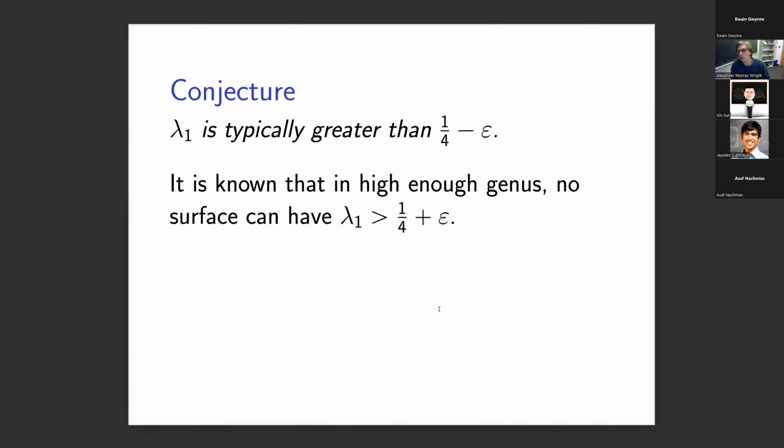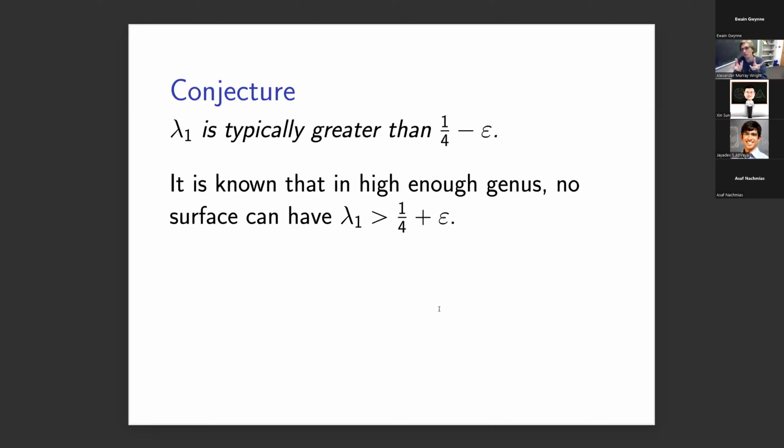And so before, there was a meta conjecture that says for every theorem about random graphs, you should try to prove the same theorem for random surfaces. So if one applies that to Friedman's theorem, Alon's second eigenvalue conjecture, which says that the spectral gap for a random graph should typically be as large as possible, the corresponding conjecture for hyperbolic surfaces should say that lambda 1 is typically greater than 1/4 minus epsilon. So when you have a random graph, you compare to its universal cover, the regular tree, and you look at the spectral gap there.